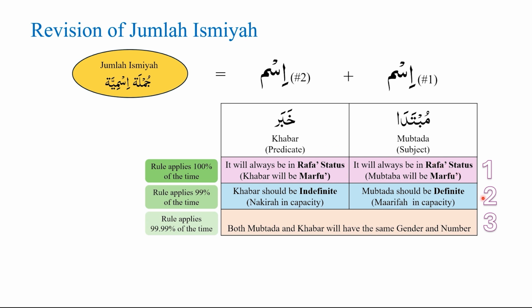Rule number two, mubtada should be definite or marifa in capacity, and khabar should be indefinite or nakra in capacity. And this rule is applicable 99% of the time. Finally, both mubtada and khabar should be the same in terms of gender and number, and this rule applies 99.99% of the time.